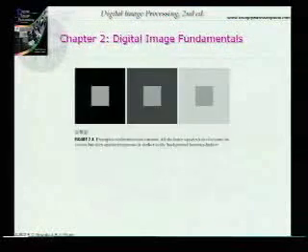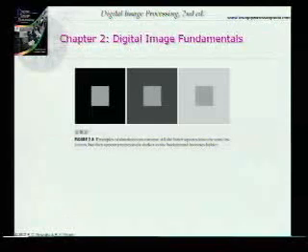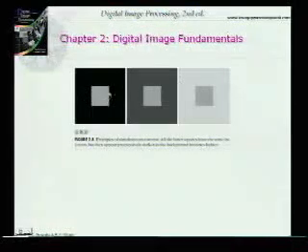To show the same thing, there are also other perception type things that you can play with. What you have here is three squares where the intensity in the middle square is constant for all three of them.